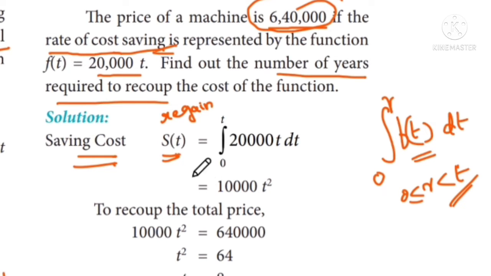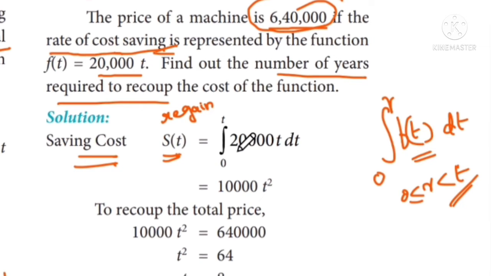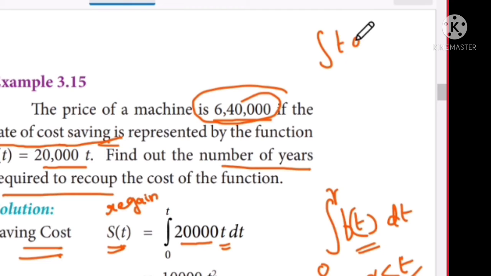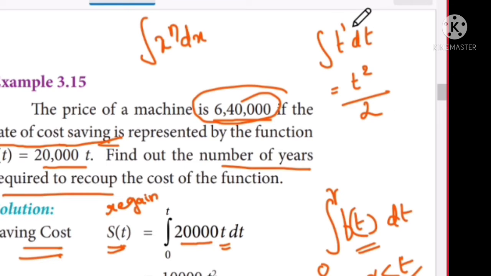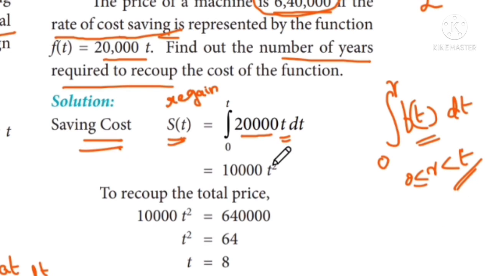So integrate this 20,000 t. 20,000 is a constant, you are integrating only t. What is the integration of t? You use the formula for x power n, that is x power n plus 1 by n plus 1. So t power 1 gives t square by 2. The 1 plus 1 is 2, so that is t square by 2.